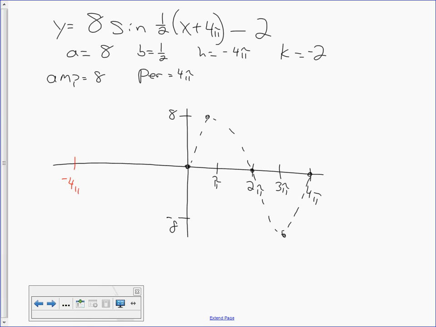Here's negative 4 pi. My scale's a little nasty, but whatever. So now here's 6, and what's the lowest value then? Negative 10. Okay. So this point starts here and goes down 2.